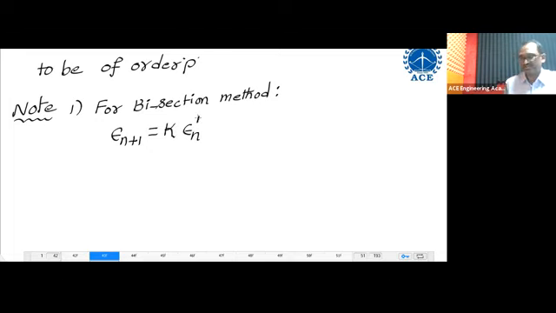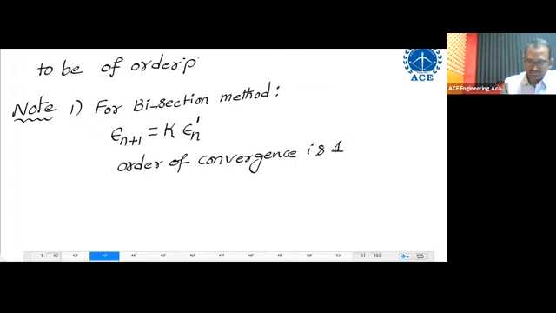So order of convergence is 1, that is linear, a linear order of convergence.